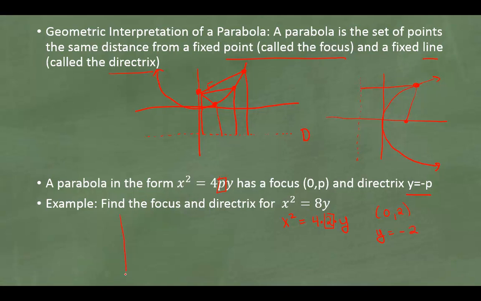If we were to draw that, 0 for x, y is 2, so (0, 2). There's our point. Y is equal to -2. There's our line, y is equal to -2. And our parabola opens towards the focus.